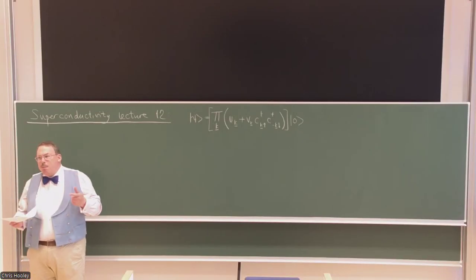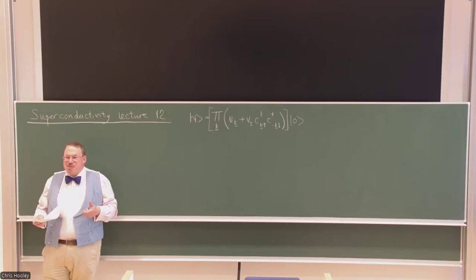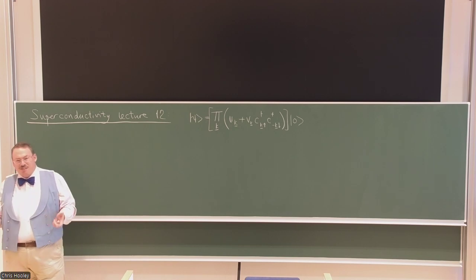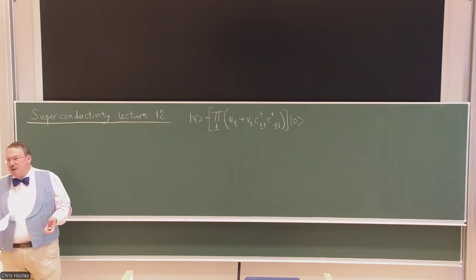I debated a little bit about which order to do this stuff in, because of course, if we're going to start writing down other states which are not the ground state of the BCS Hamiltonian, you might ask why we're writing them down at all. So we could have started with alternative pairing mechanisms and where these states might come from, why a system might prefer to go into one of these variant states than into a fully gapped S-wave state.